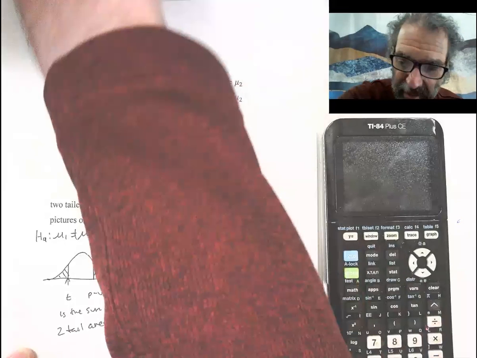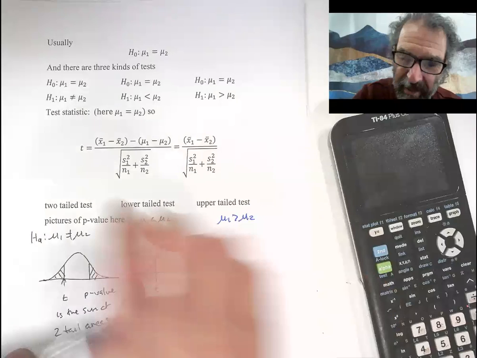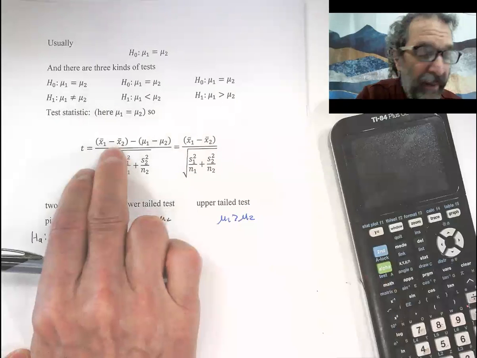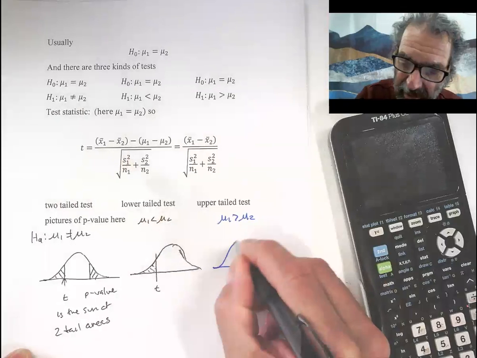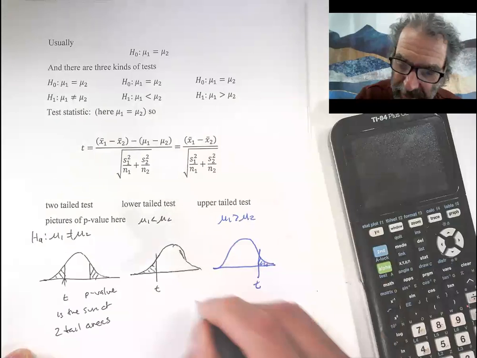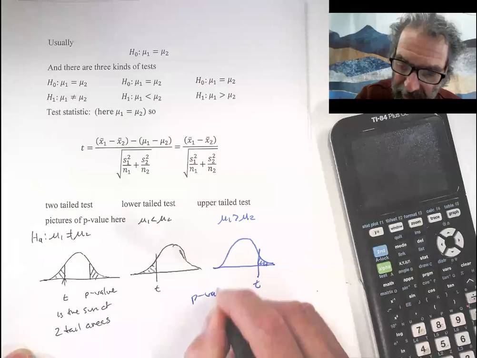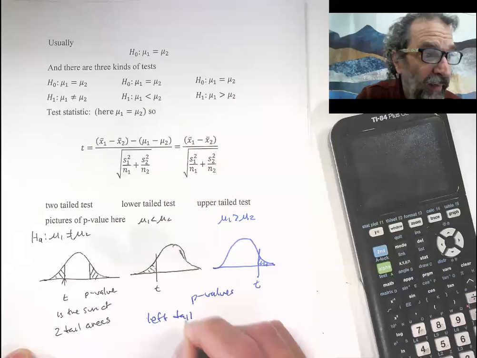And for the upper tail test, where mu1 exceeds mu2, I expect these to be positive to favor the alternative, so big T values. And so we would come over here with T up here and we shade that side for a p-value. P-values, left tail and right tail.